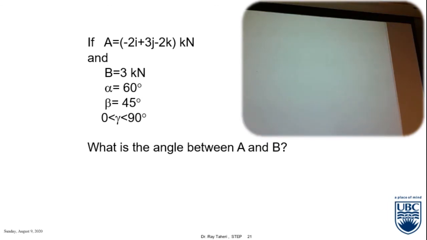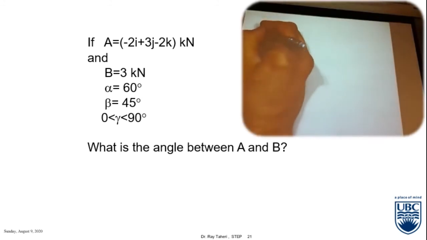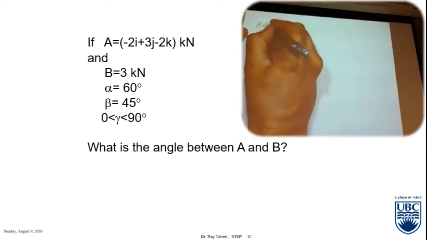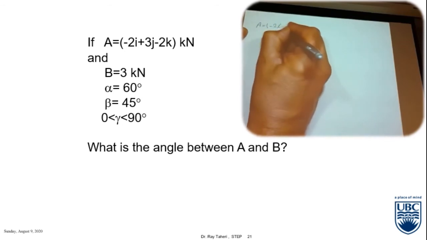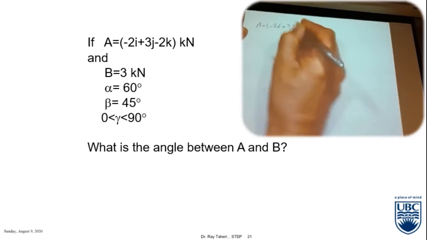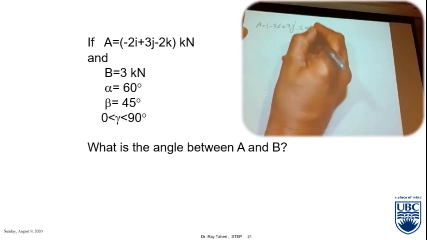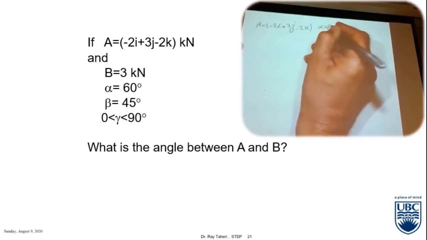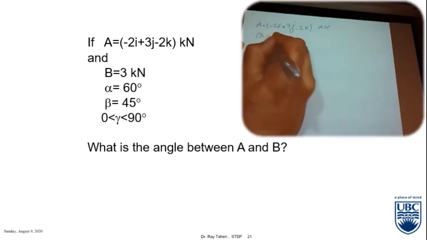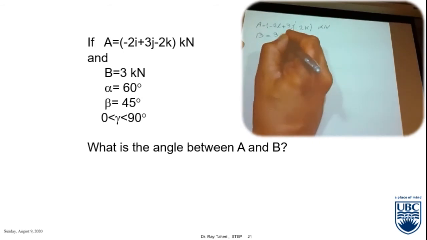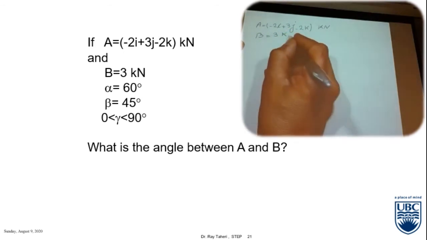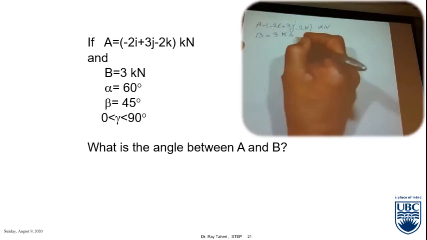So what we have here is obviously two vectors. Vector A is minus 2i plus 3j minus 2k kilonewton, and vector B has a magnitude of 3 kilonewton.